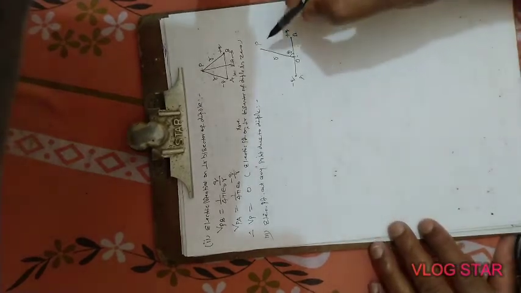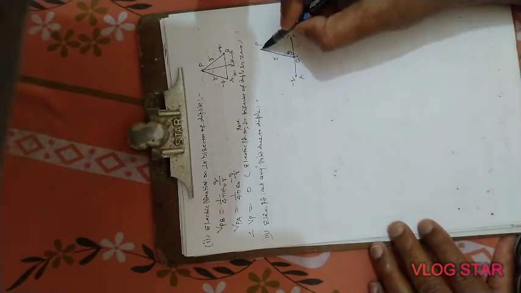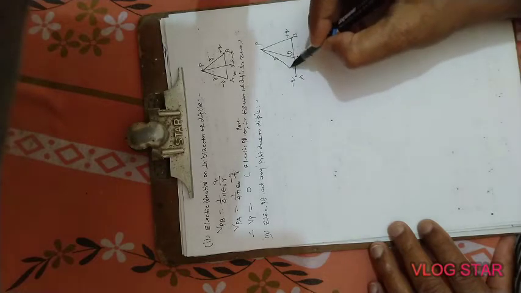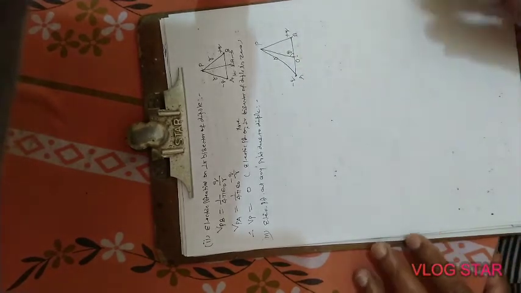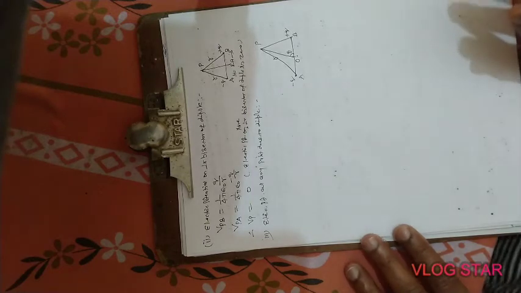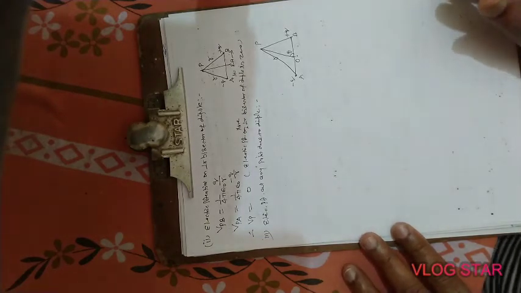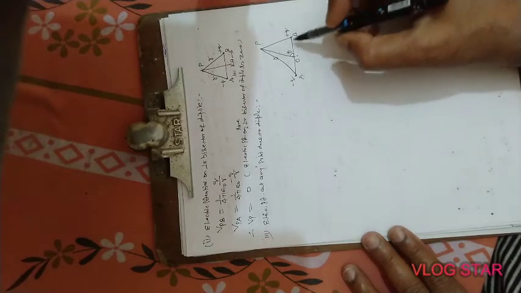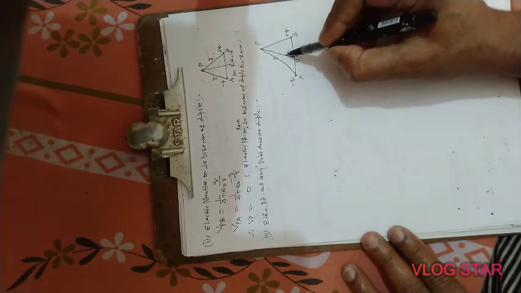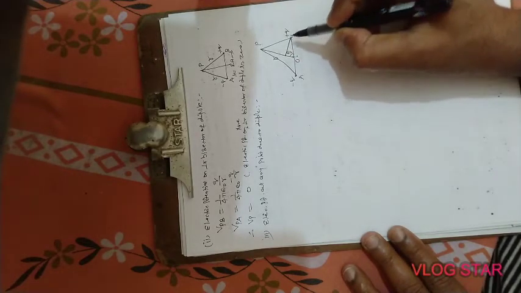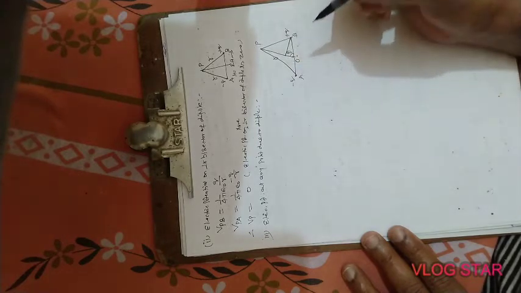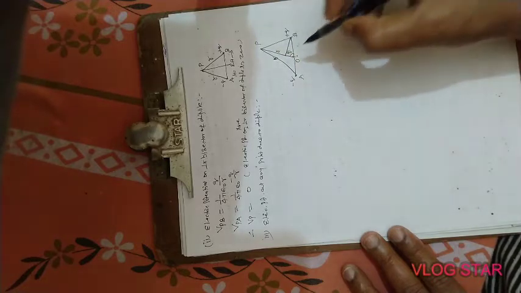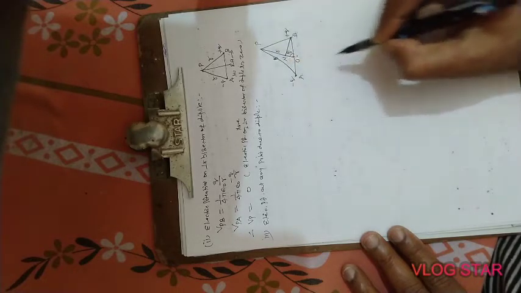So we join this. Now we draw a perpendicular from point B. This distance we have taken as r, don't confuse it.